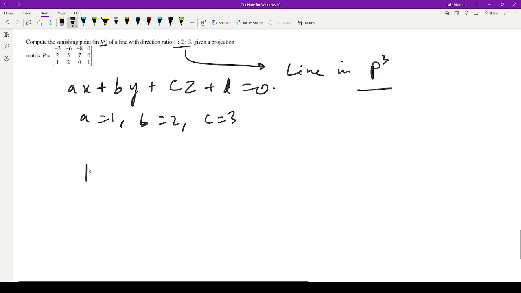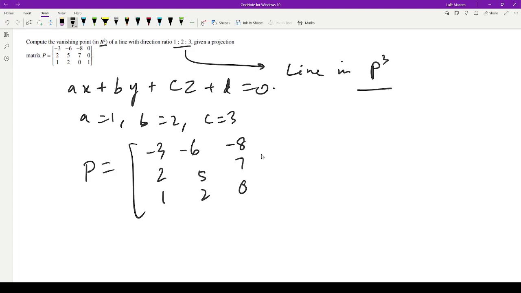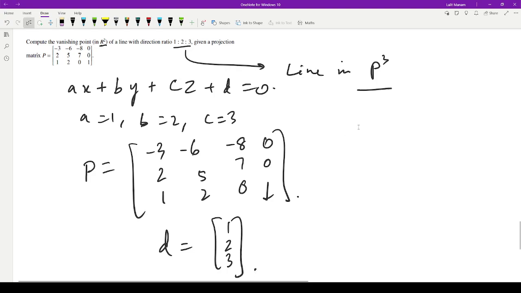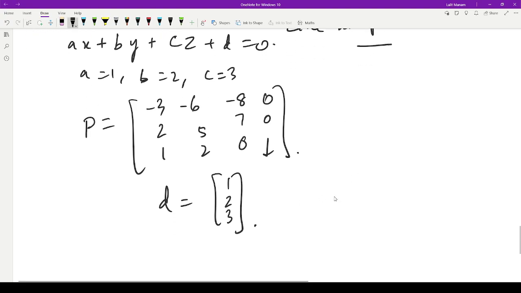We are given P as minus 3, 2, 1, 6, 5, 2, minus 6, and we are given the direction ratio 1, 2, 3. That means the direction ratio is given as 1, 2, 3, and the point of intersection of these parallel lines is given as (D, 0), right?